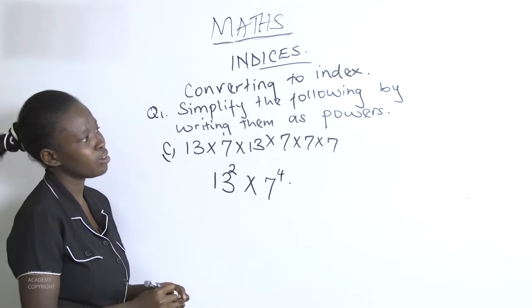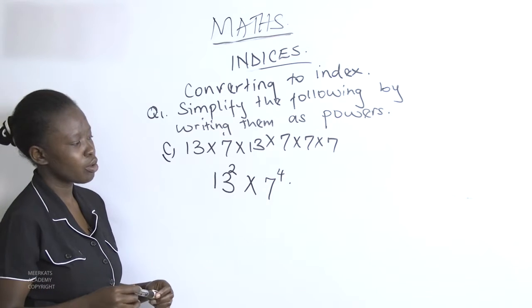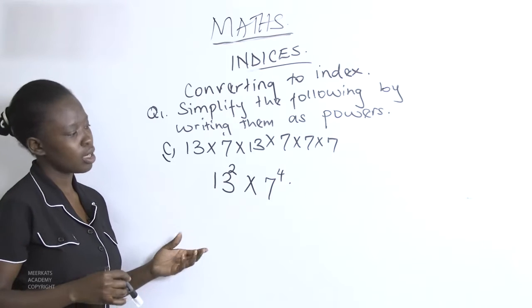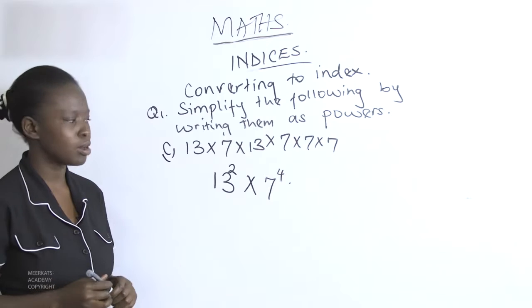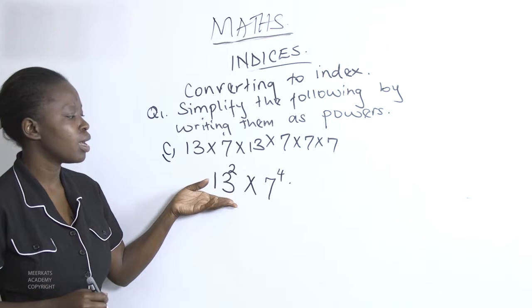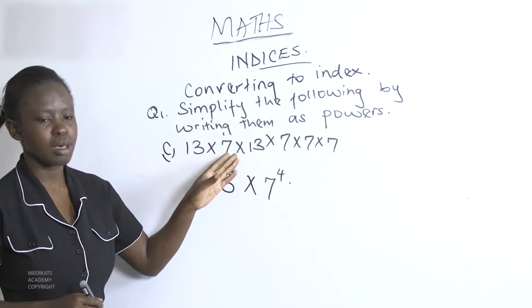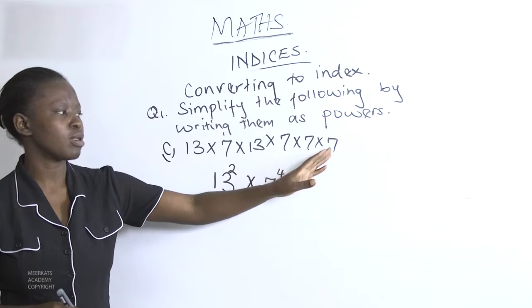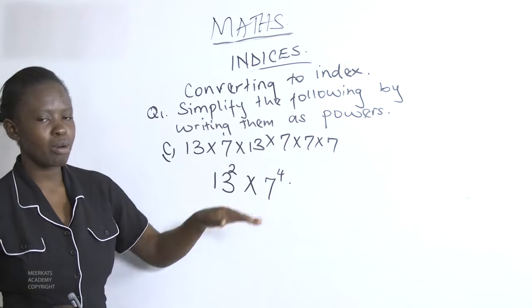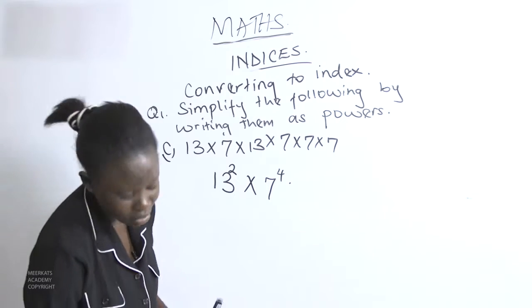So when you are converting a number to power form, we are converting it into an index form. We simply count how many times the number has been repeated. Then write that number as your base, and the power will be the number of times the number has been repeated.